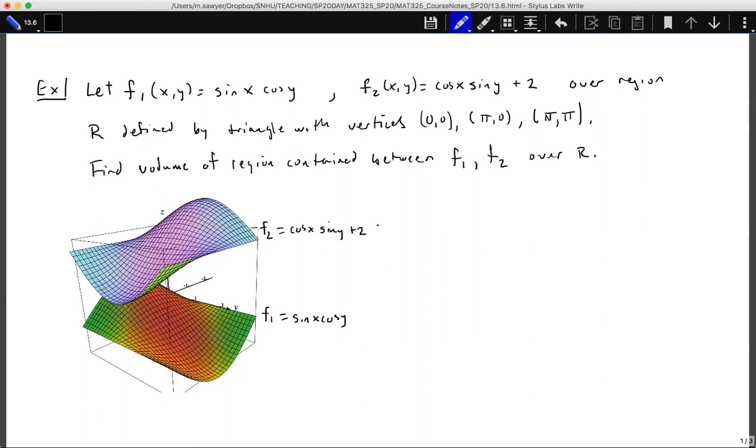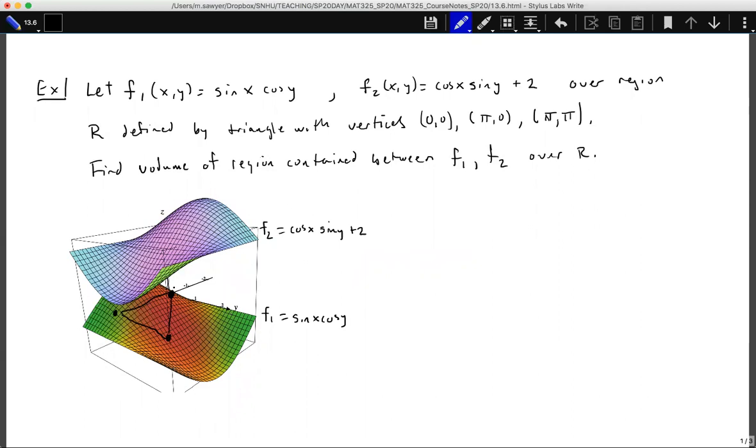We're looking over the region R, which is a triangle with vertices (0, 0), (0, pi), and (pi, pi), which is roughly here. So we're looking for the volume of the solid roughly over this triangle.